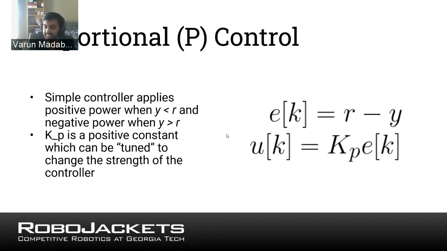You just multiply error by some number, and then that's the voltage. And the larger that this is, the more strength your controller will have, the more force it's going to apply in response to a particular error. And so when the error is negative, there's going to be a negative power applied, positive when a positive power is applied. And this just causes a force in the opposite direction of the error.